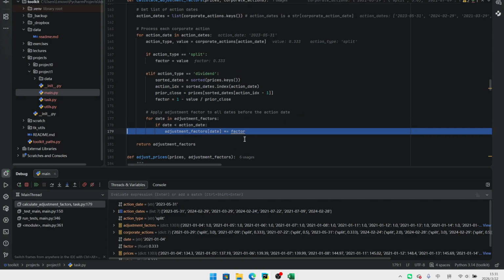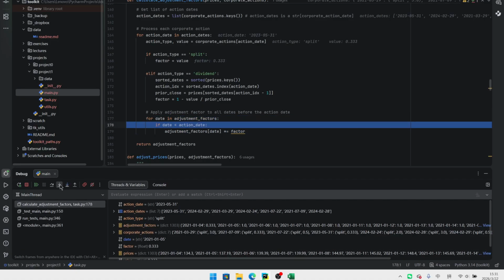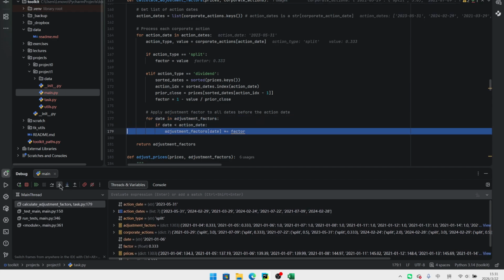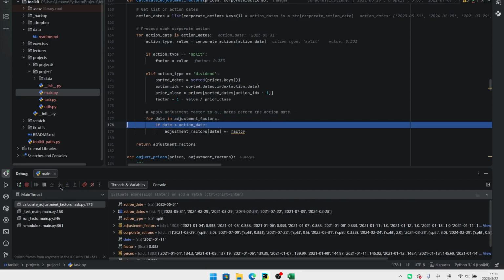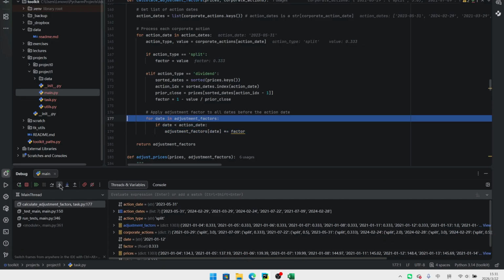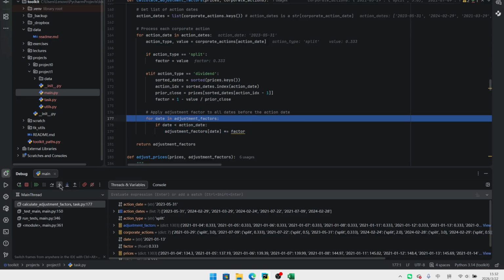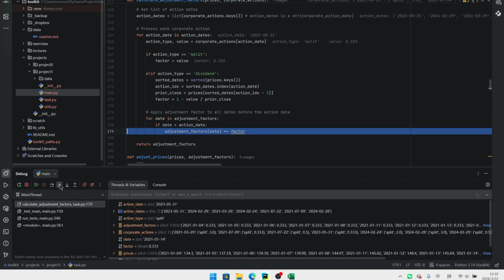The adjustment factor... I cannot see the adjustment factor. I mean, it should be lots of factors because it is sorted, and adjust factor.